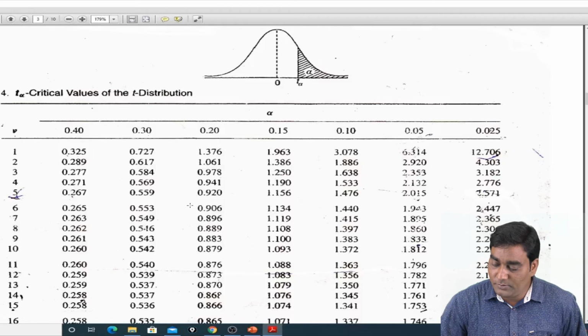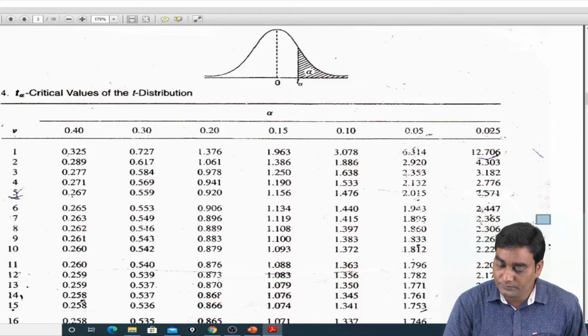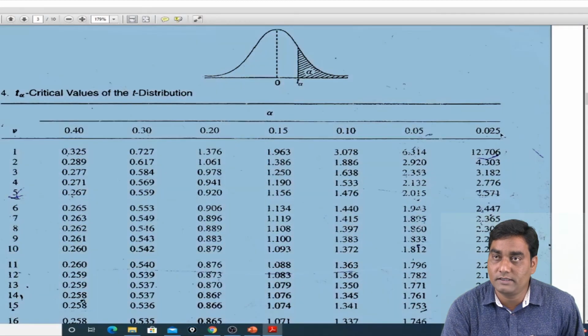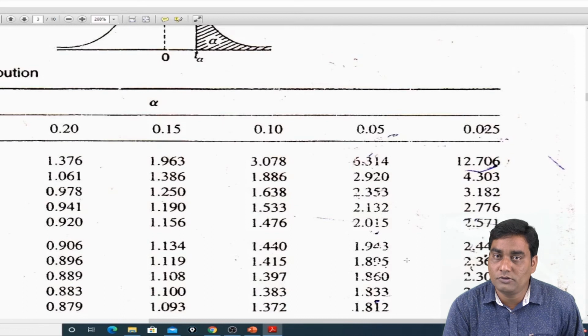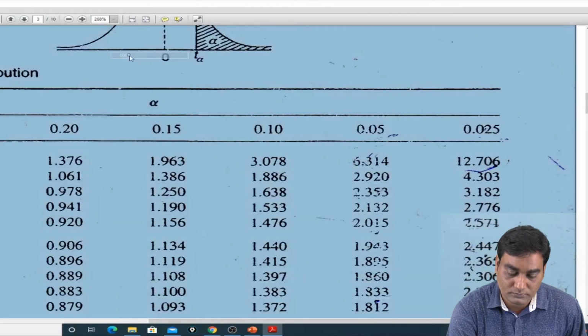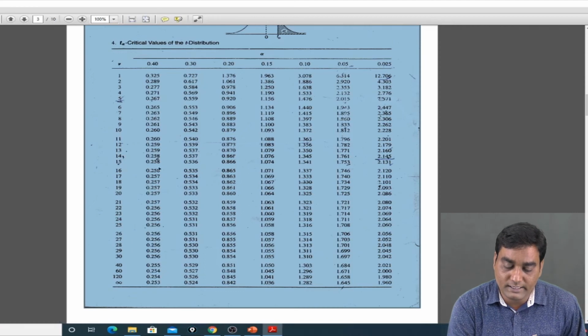This is the t distribution table. This is 15 degrees of freedom. Alpha is 0.025. The corresponding value is 2.131. This is t alpha by 2, t 0.025 value at 15 degrees of freedom, 2.13.